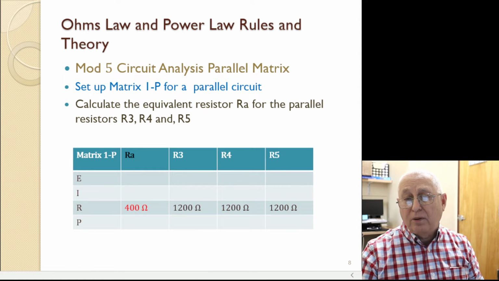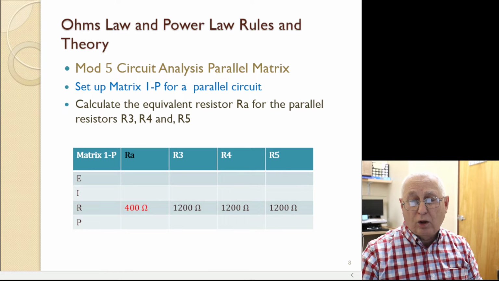Now we set up a matrix, and we're going to call it matrix 1. We're going to have a number of matrices. And we're going to say dash P because it tells us it's a parallel circuit. In a parallel circuit, we have certain rules, but in this case, we don't know the voltage here again. We can't put it in until we get further into this circuit.